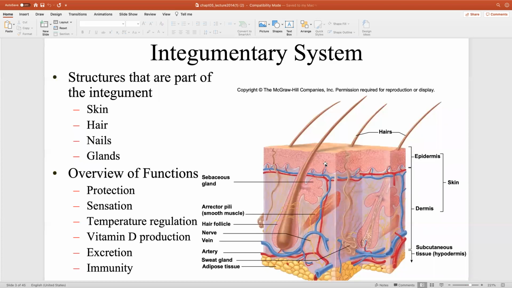As cells migrate upwards, they move further and further away from the blood vessel, and they start to die off. So make sure you understand that there are no blood vessels in the epidermis, but there are blood vessels slightly deep to it.